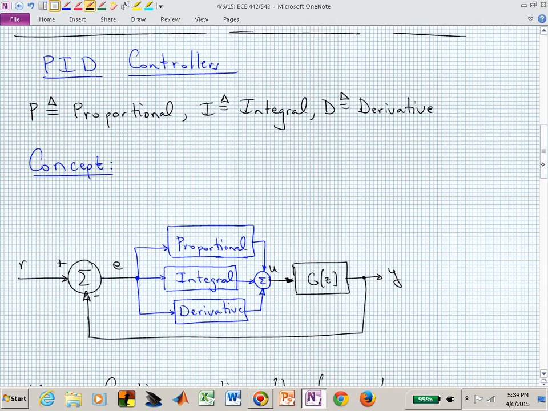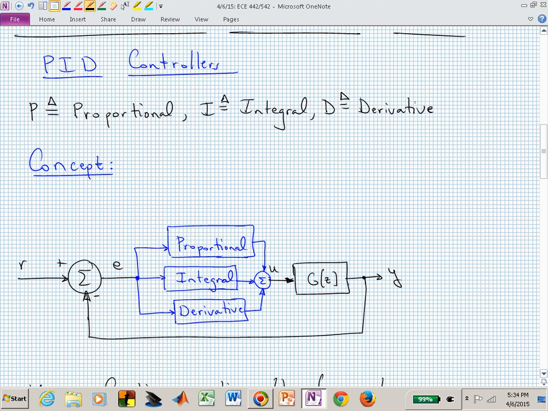Let's get started by getting a conceptual picture of this PID controller approach. And you can think of it in this block diagram form. You really have 3 pieces to this controller.